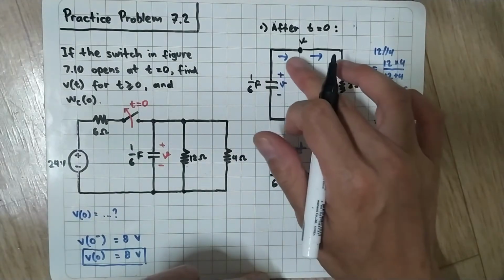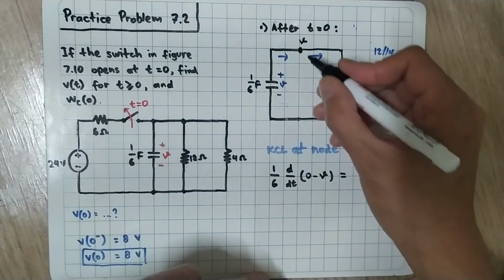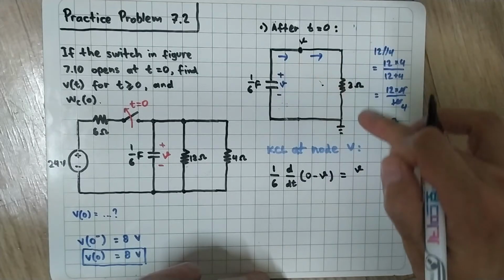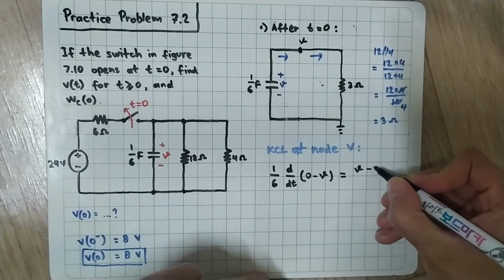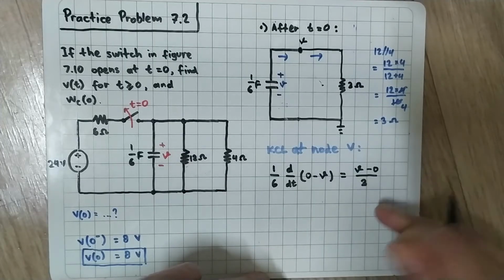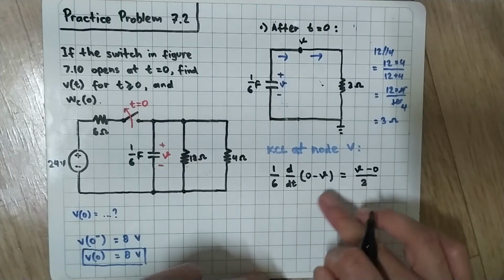So the current that goes in is equal to the current that goes out. So I will have V minus 0 here divided by 3.